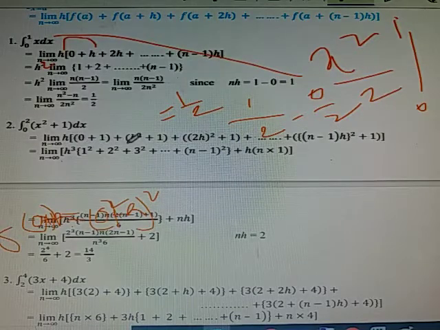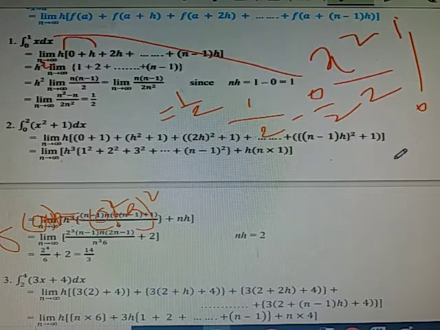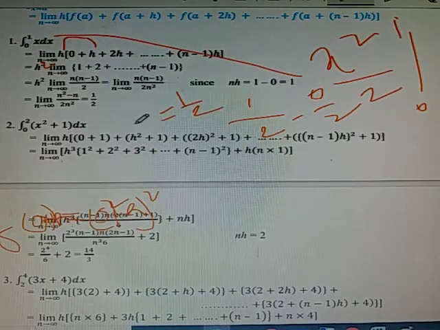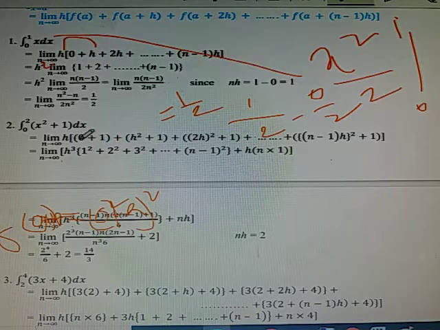Then it is f of 0 plus twice h whole square, this is 0 plus n minus 1 h whole square, and ultimately we have this n minus 1 h whole square plus 1. So how many ones are here? N ones, because n divisions are there, we are adding n values.